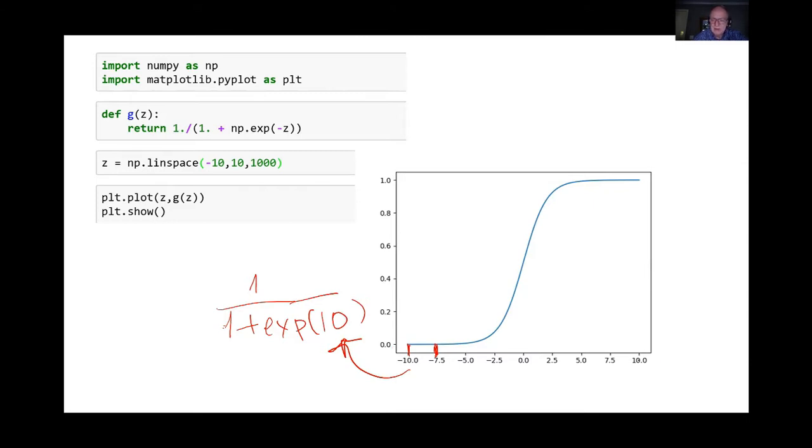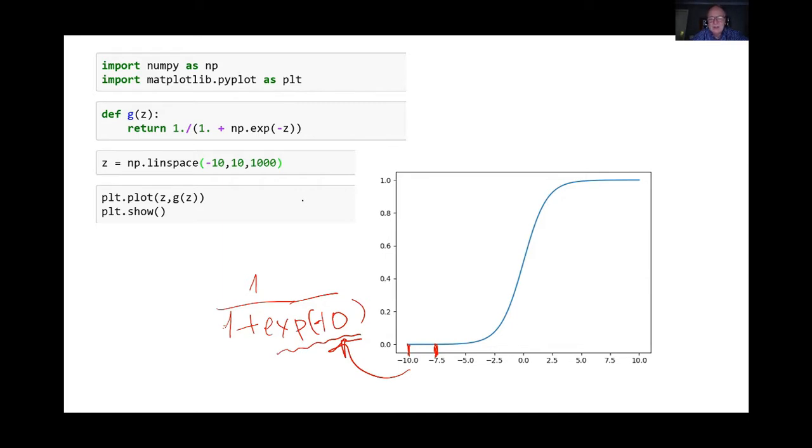Similarly, if we take a positive number, z = +10, the value is 1 divided by 1 plus the exponential of -10, and the exponential of -10 is a very small number, so we have 1 divided by 1 plus a very small number, which is close to 1 divided by 1, equal to 1.